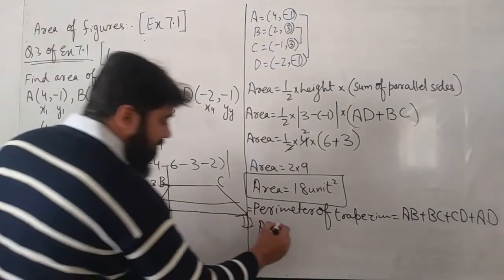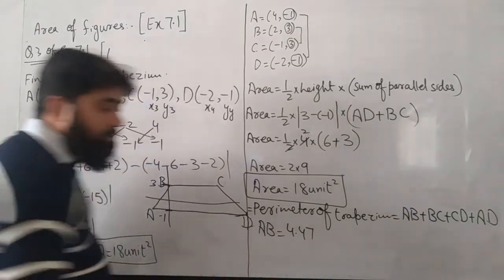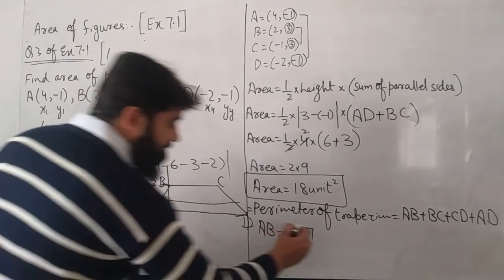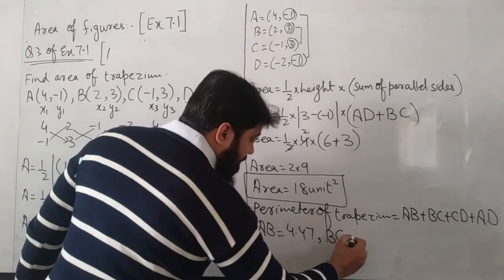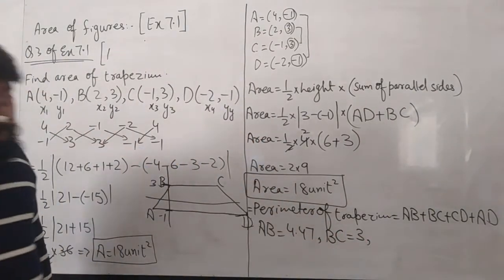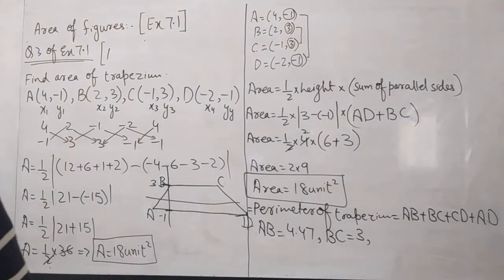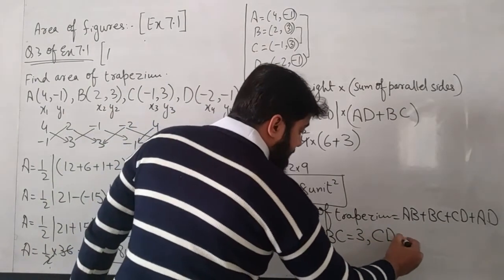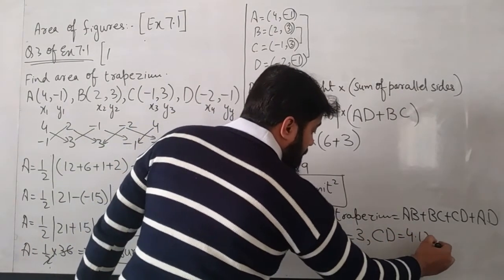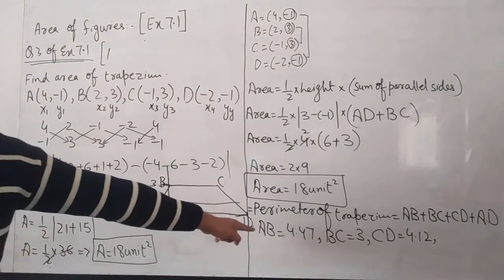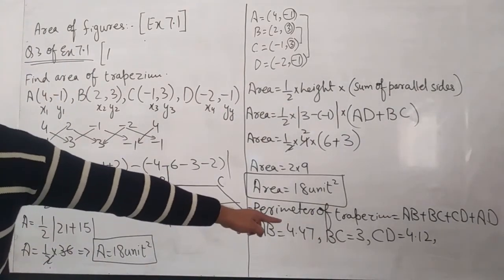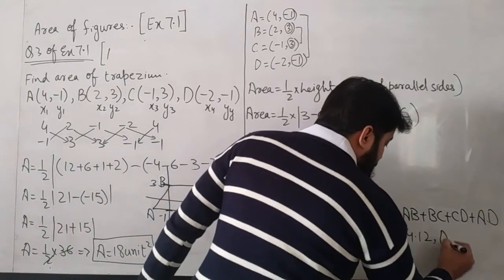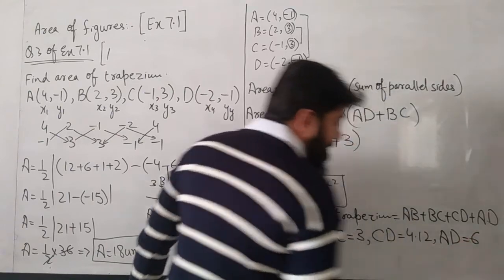AB is coming 4.47. Then BC is coming 3. CD is coming 4.12. And the last one, AD, is coming 6.